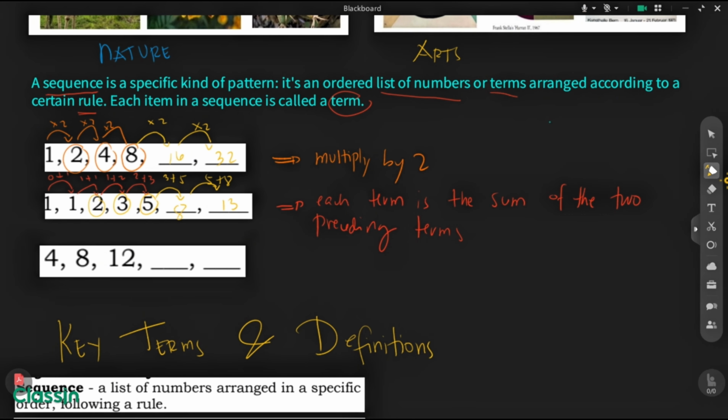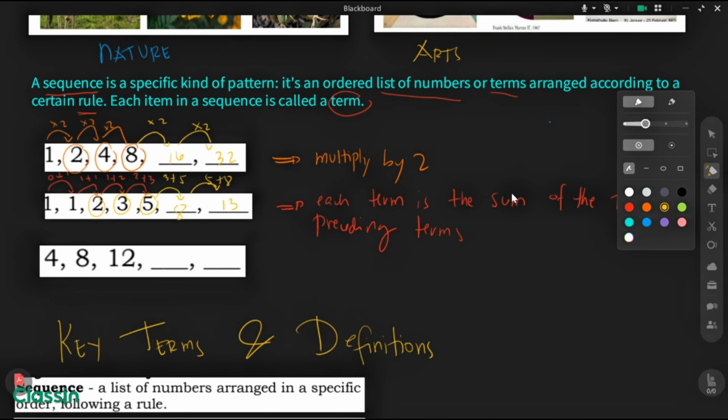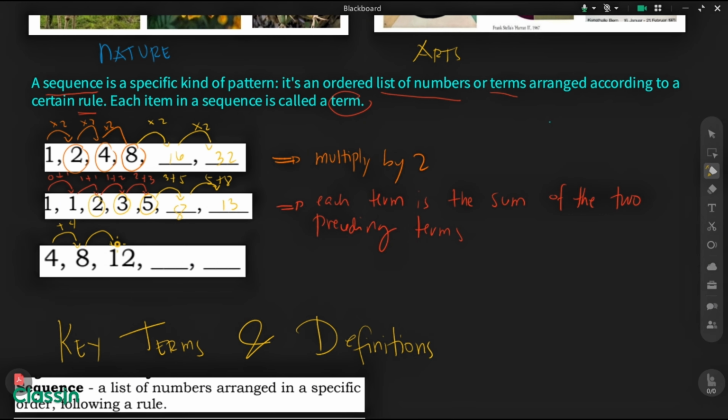There you go. Last example. In this example, we need to examine the pattern. Here the 4 becomes 8. So what could be the pattern? Let's say add 4: 4 plus 4 is 8. When we add 4 to 8, we have 12, which is correct.